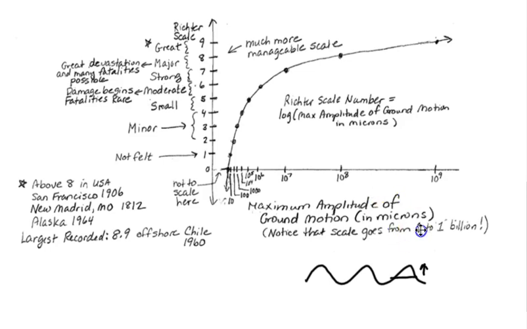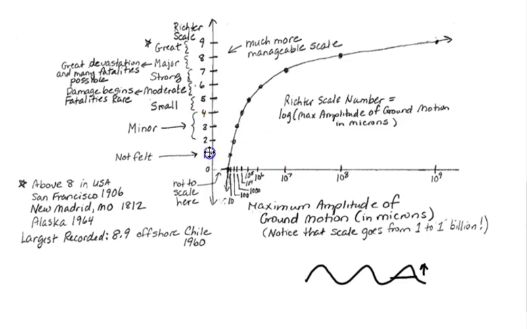A micron is a very, very tiny measurement. So it goes from barely moving at all to moving up and down a billion microns. That's a huge earthquake. Since the scale goes from 0 all the way up to 10 to the 9th, such a big scale, what the Richter scale does is it just takes the power of 10 and names that as the earthquake scale.